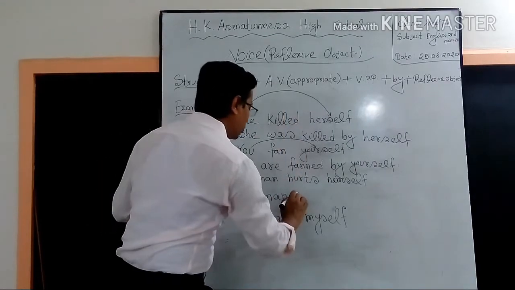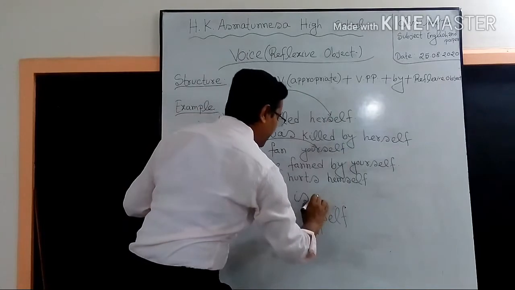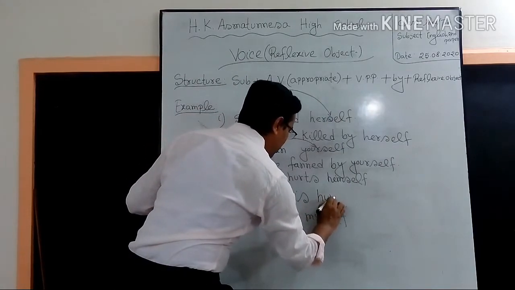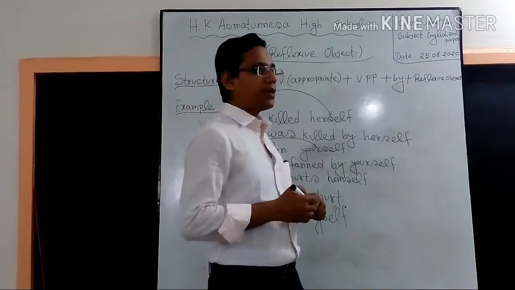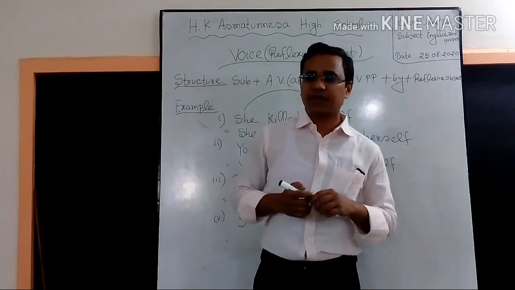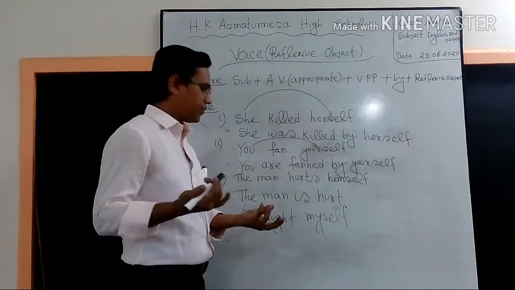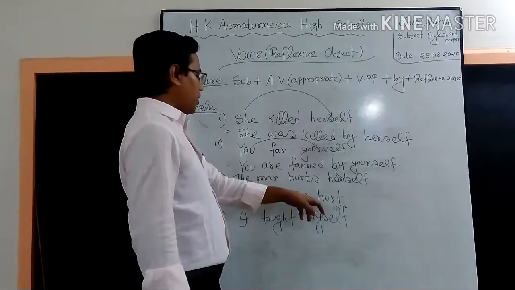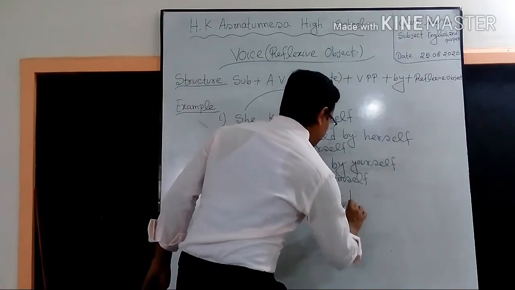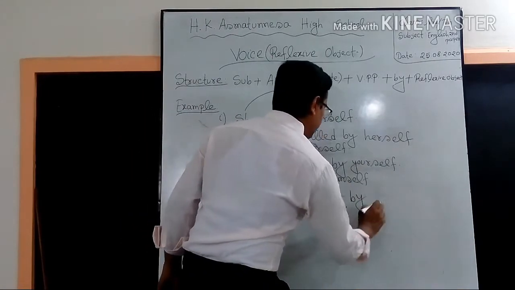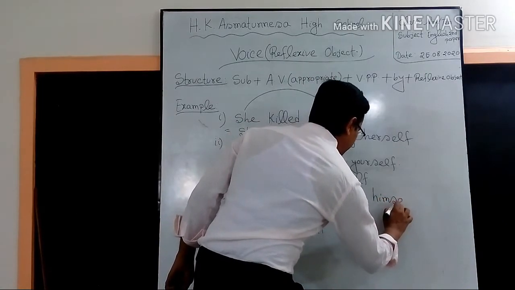Then we bring the appropriate auxiliary verb. The man is. Then the V3 of the main verb hurt. We know that the present form, the past form and the past participle of the word hurt are the same. So I will write hurt. Then by. Then the reflexive object.